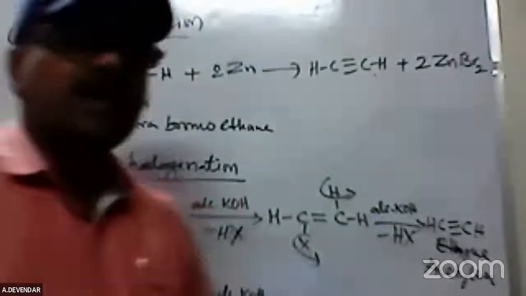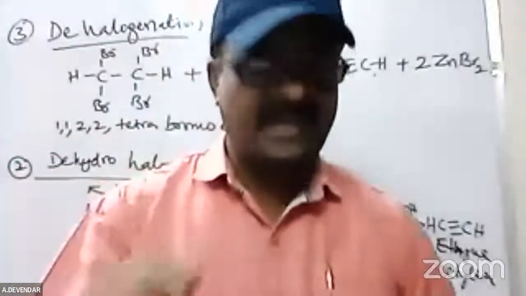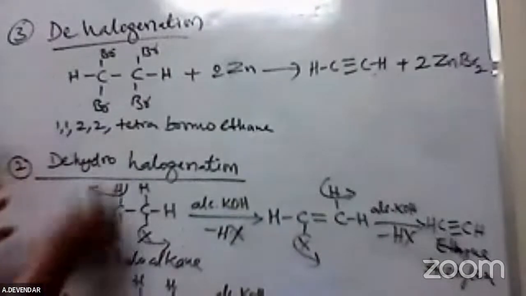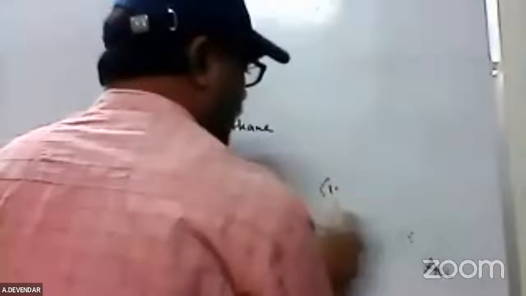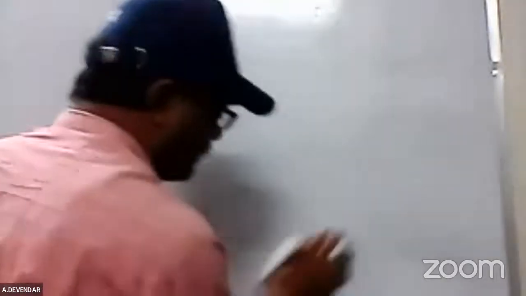Next, if they ask you to write the preparation and properties of alkynes, and you write these three preparations, you will get 5 marks. The properties are very simple, you just have to practice. Since they are all equations, with no writing part, no marks should be cut.